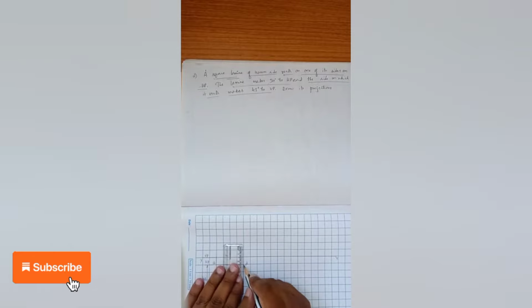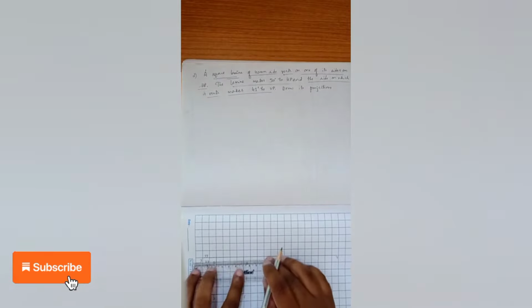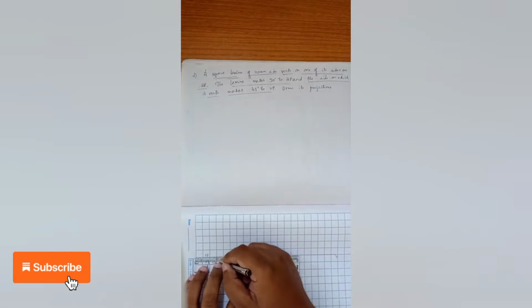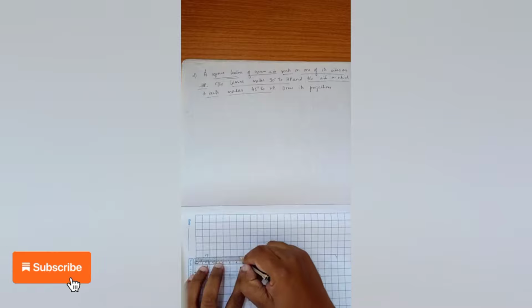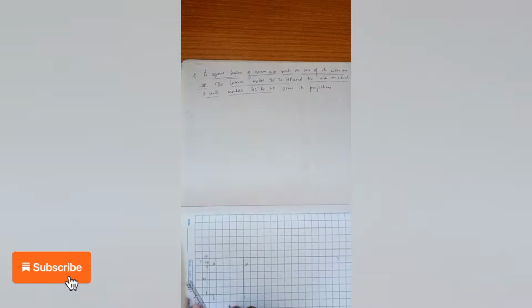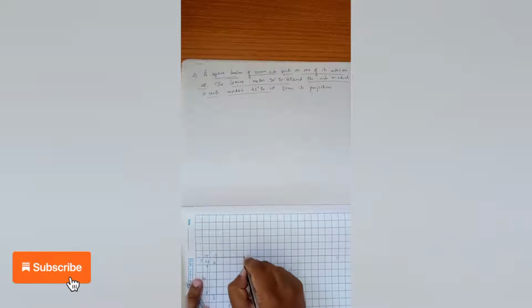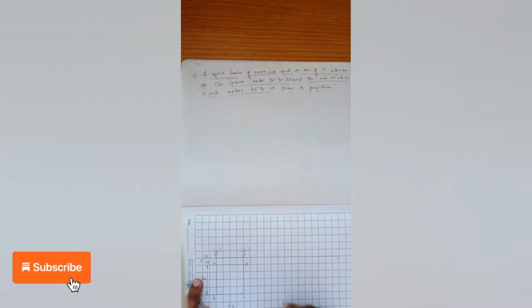By projecting with the help of projection lines, we get the front view on the XY line. We can see the BC end. So B dash and C dash are visible, but A dash and D dash are not visible. Okay, now we are done with the first position.